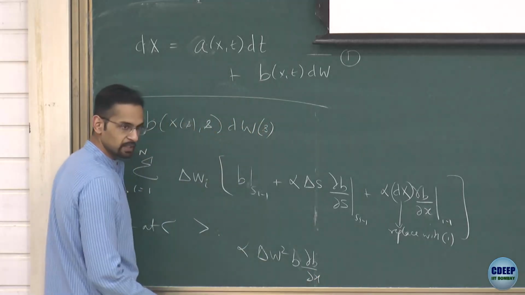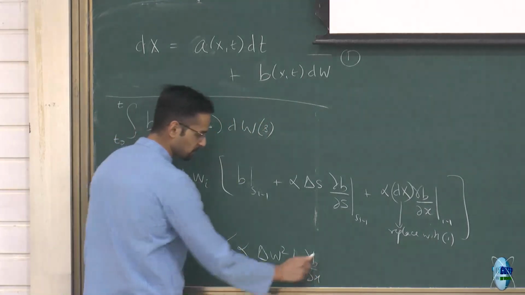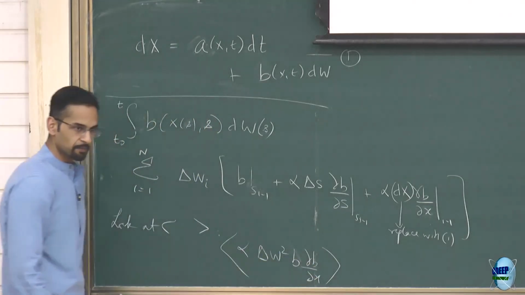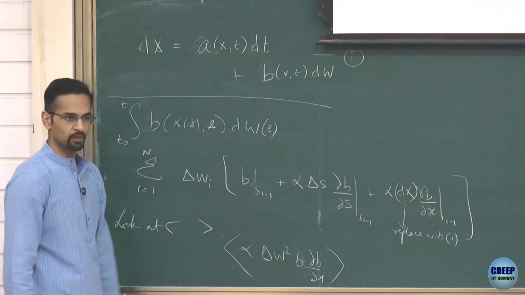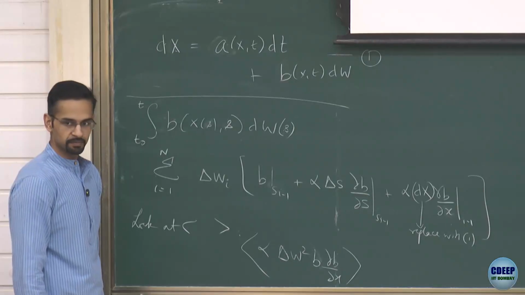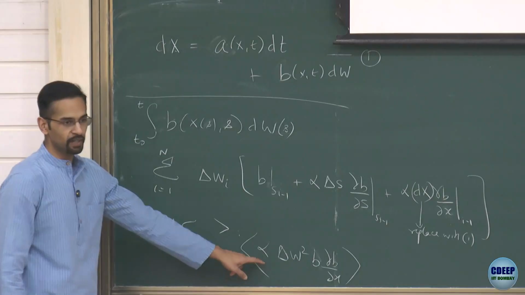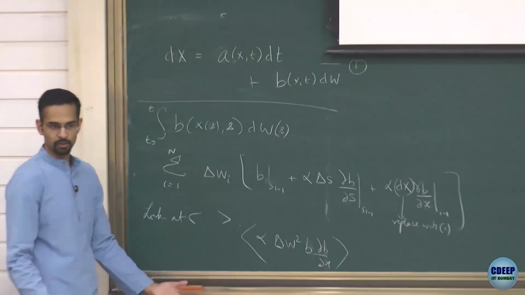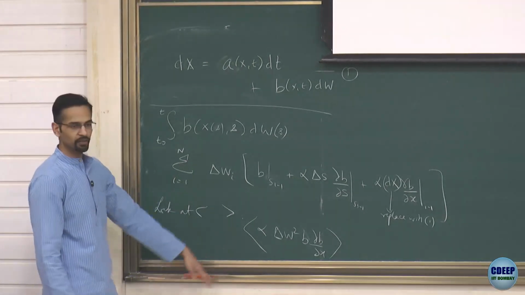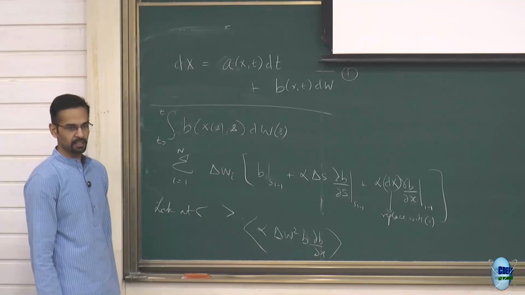This kind of term will survive in the mean, because this mean is not 0. In fact, the mean of delta W squared we know is delta t. So this sort of correction term will remain, which tells me that where I choose to evaluate the integral is going to matter. I have not yet defined anything, but this already shows me that there will be this issue.